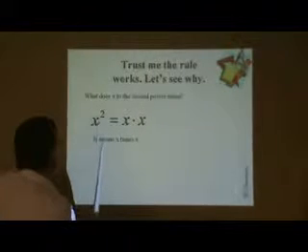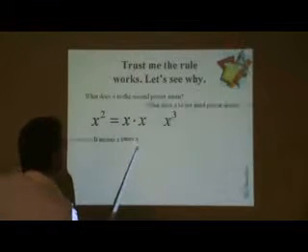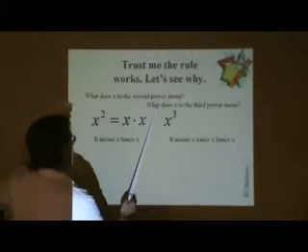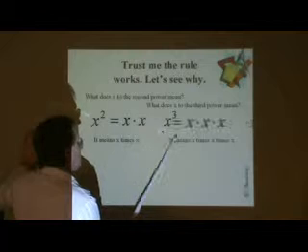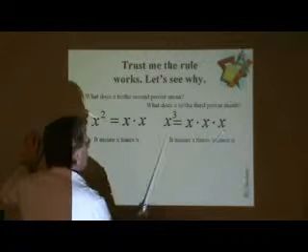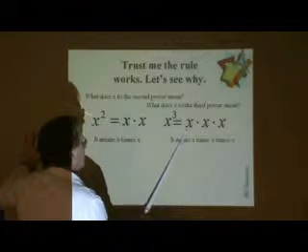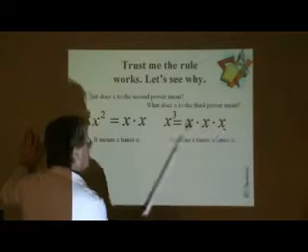Well, x to the second power means x times x. Now what does x to the third power mean? X to the third power means simply multiply x by itself 3 times. So it means x times x times x.